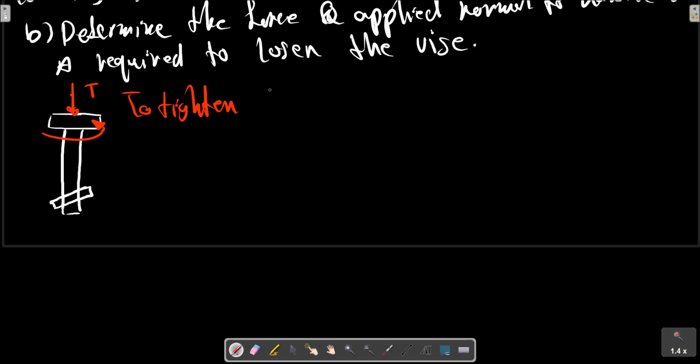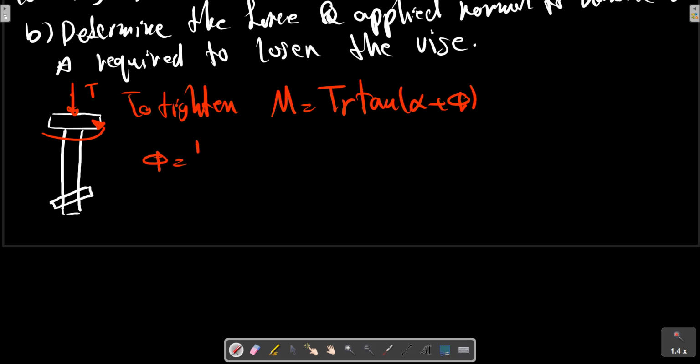the relation is M equals TR tangent of alpha plus phi.